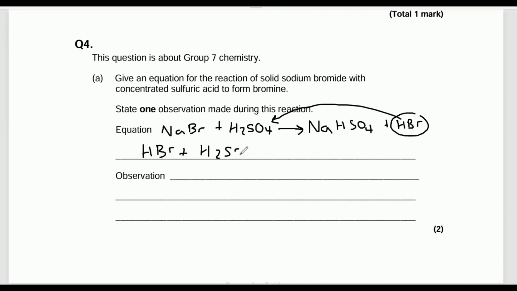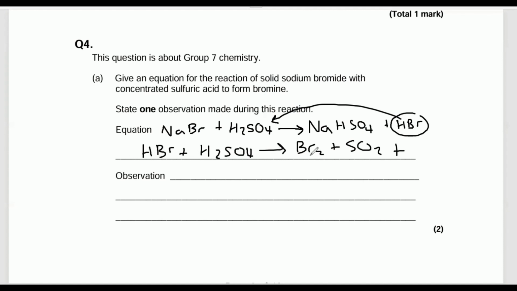But yeah, you're better off just doing the overall one. I don't know why I got carried away and showed this. And then this hydrogen bromide is going to react with the sulfuric acid again, and you're going to get Br2 plus SO2, sulfur dioxide, plus, how many do we have? We've got 2 H's.